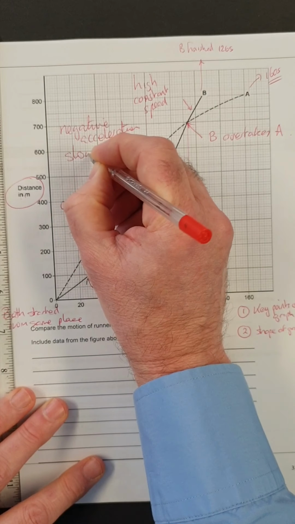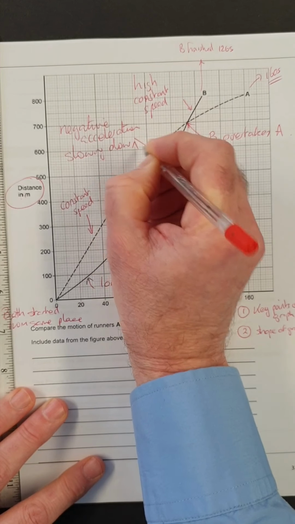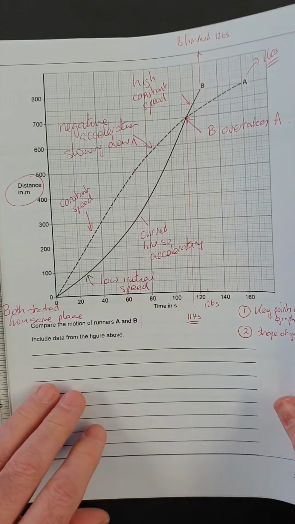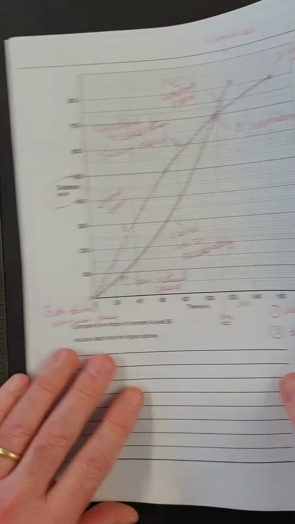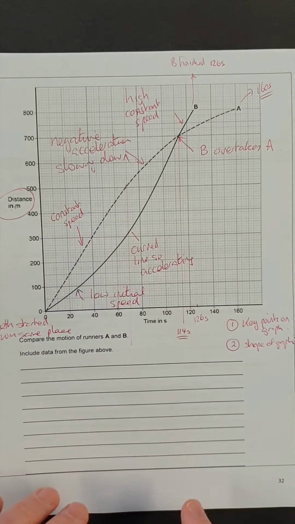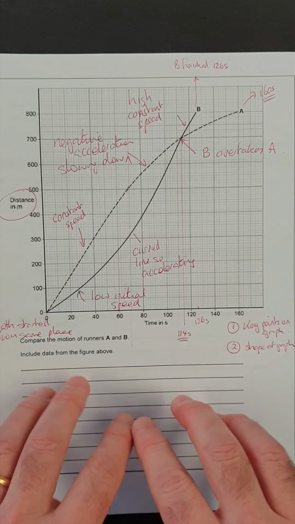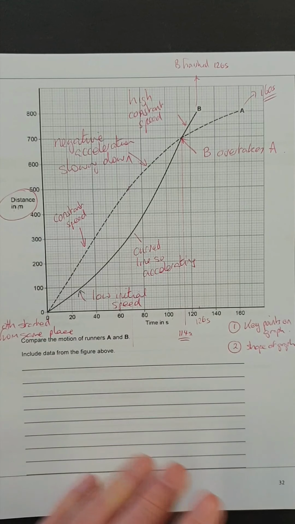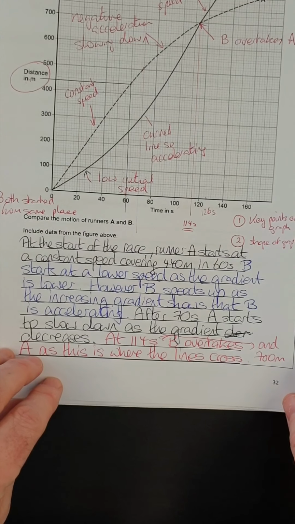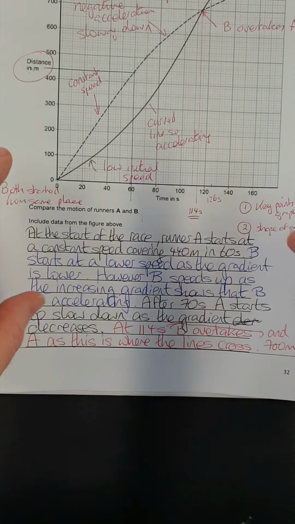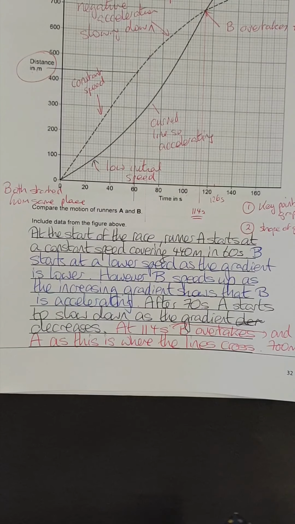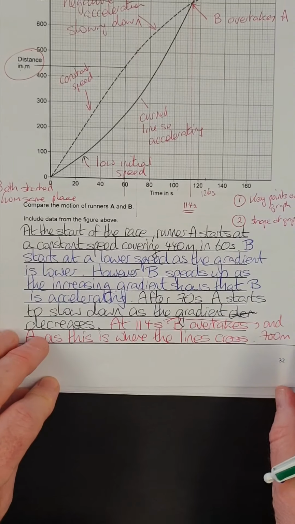They are slowing down. Okay, so this is how I analyze the graph. What you can do is then look at some of the main points that you would get from this analysis and put it into a form that makes a coherent argument to allow us to compare the motion of the runners. So this is how I have converted my analysis into my argument in terms of the 6-mark answer.